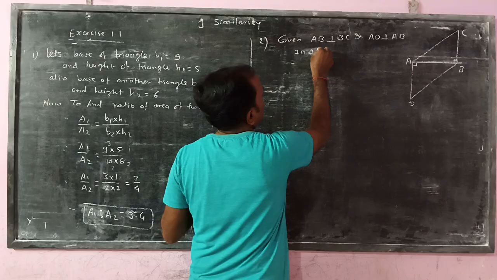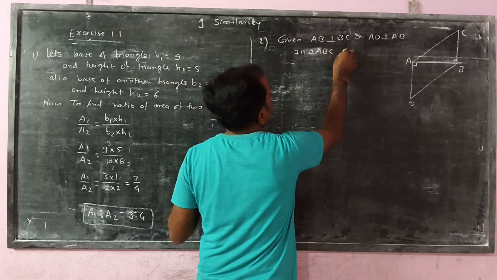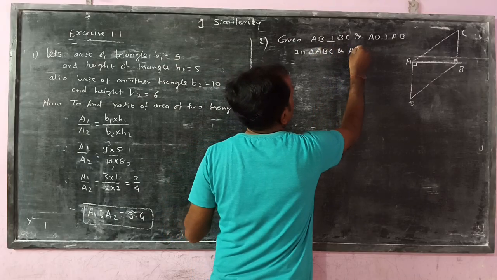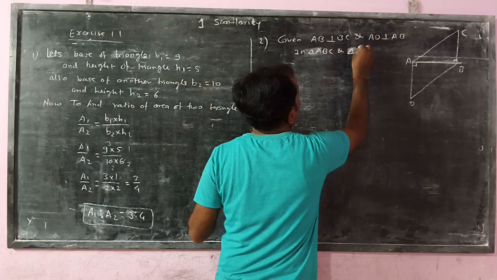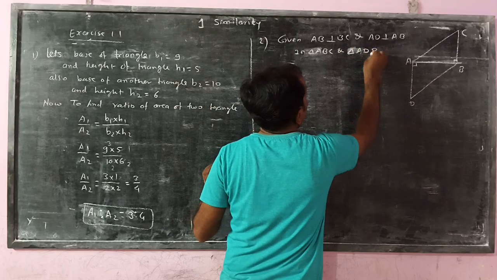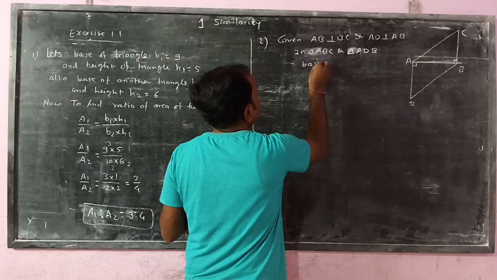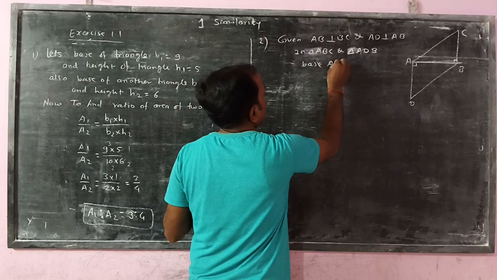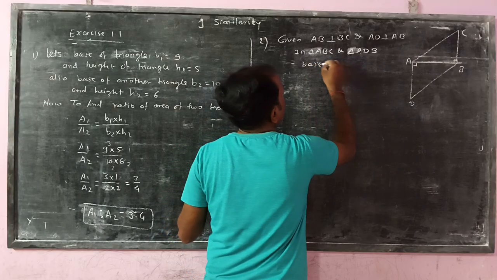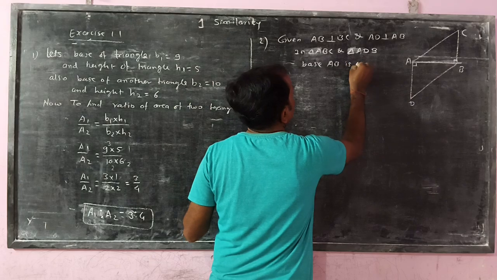In triangles ABC and ADB, base AB is common.